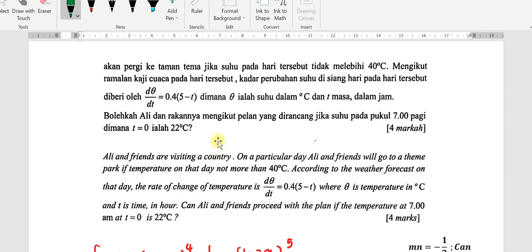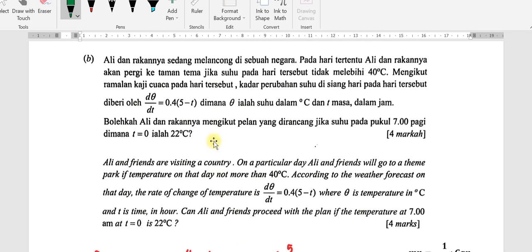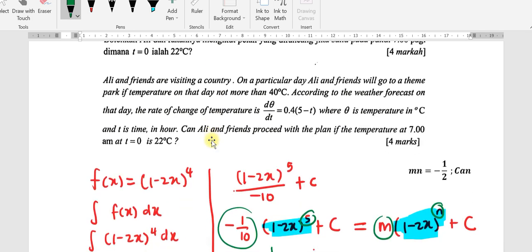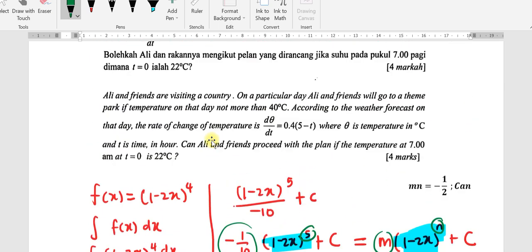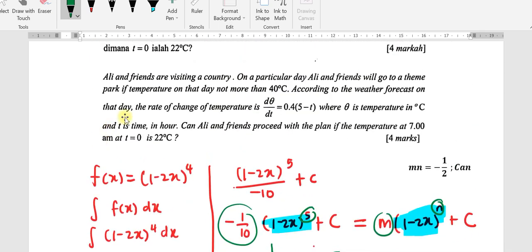And then this question. Alright, so they put d theta over dt. Let's go through. Ali and his friends are visiting a country.